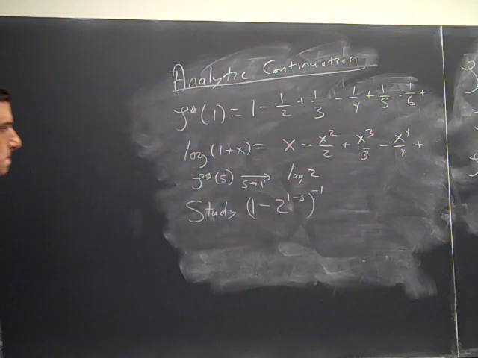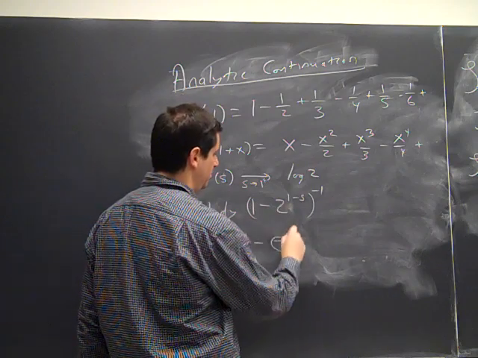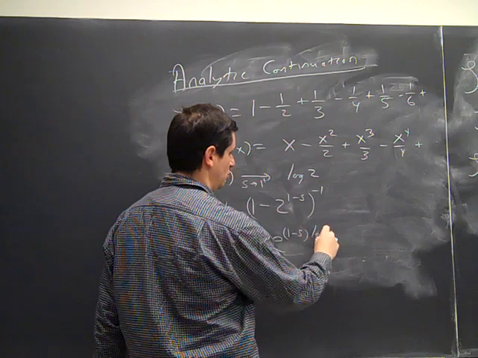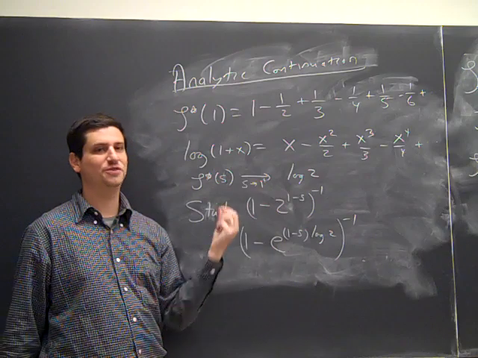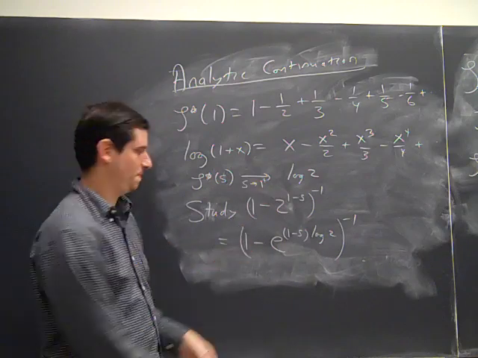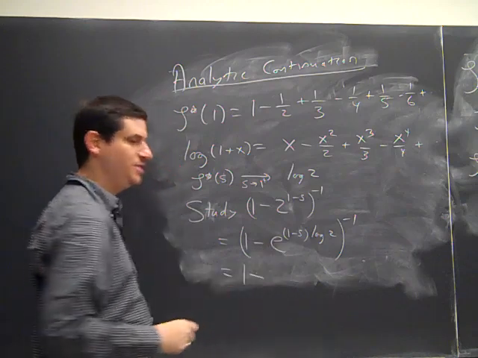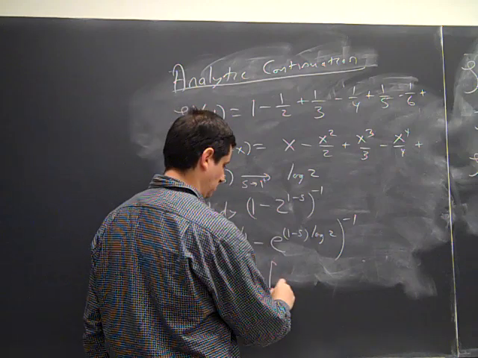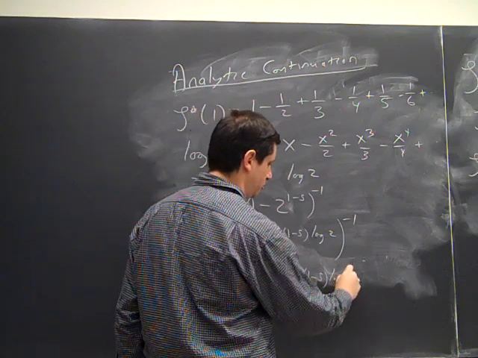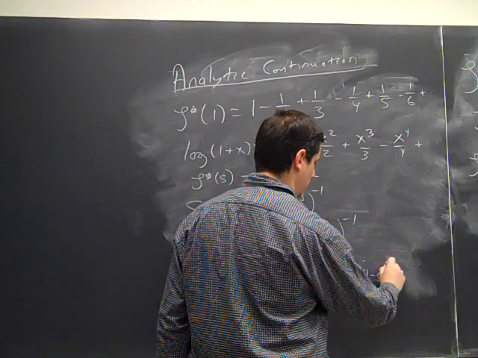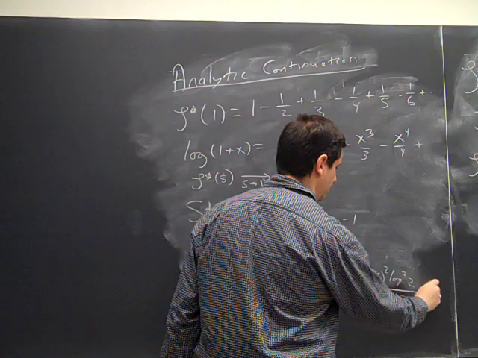This is the same as 1 minus e to the 1 minus s log of 2. Right? Because 2 is e to the log of 2. I get 1 minus, now when I expand this, the first term in the exponential is 1. The next term is going to be 1 minus s log 2 plus 1 minus s squared log squared of 2 over 2 factorial plus dot dot dot.